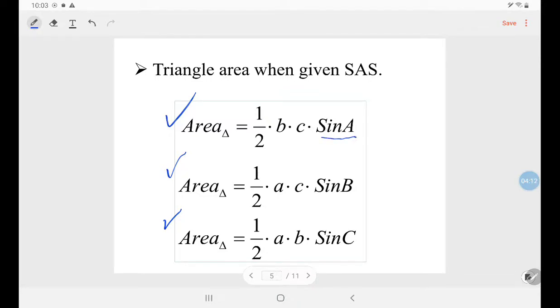If I'm taking the sine of angle A, I take half of the other 2 sides, B and C, not A. If I'm using sine B, I take 1/2 of A and C. If I'm using sine C, I do 1/2 of the other sides, A and B, and I don't use C.